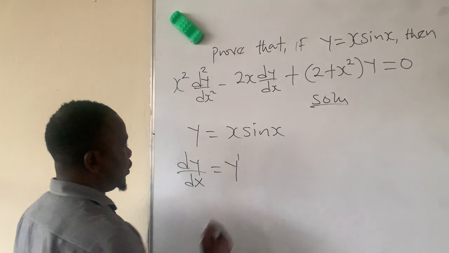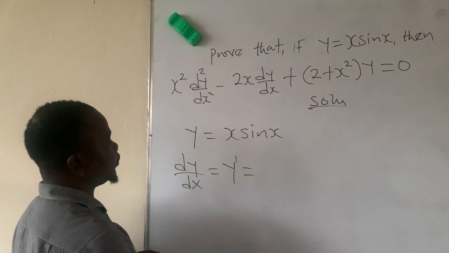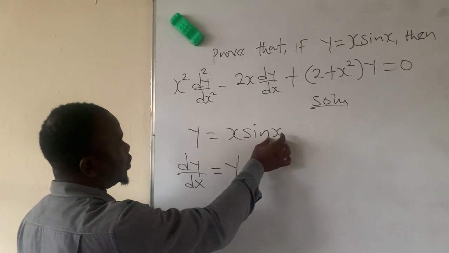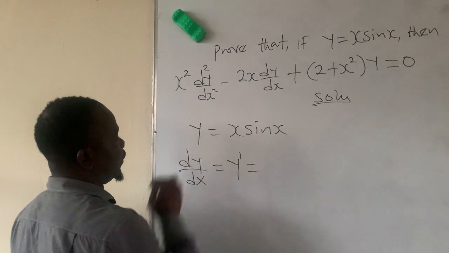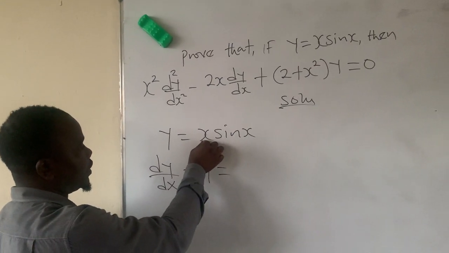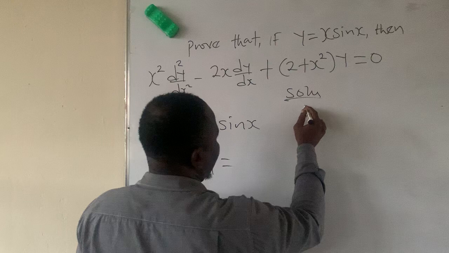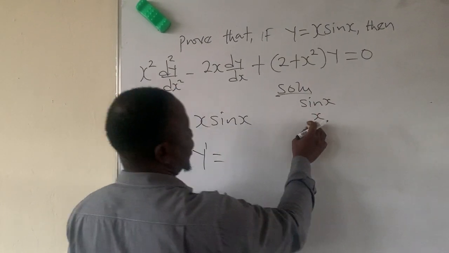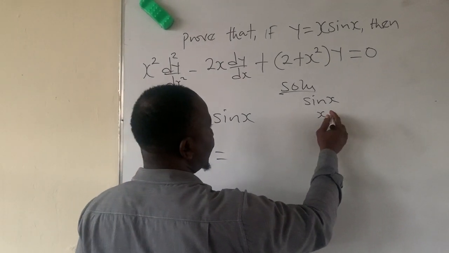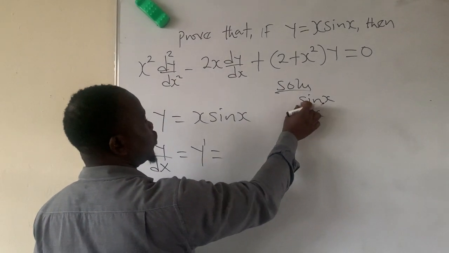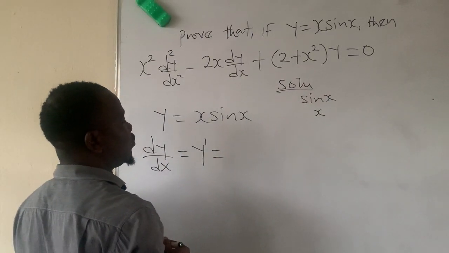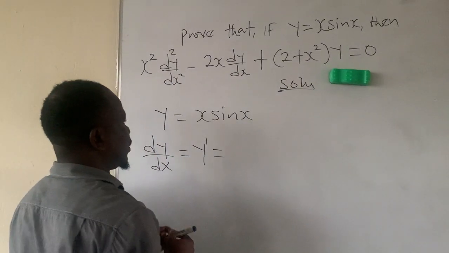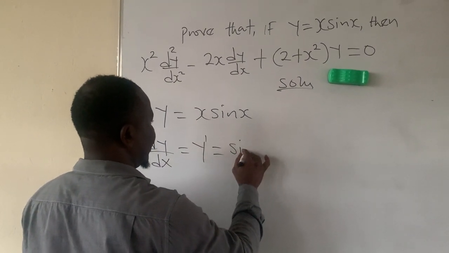This is equal to, we are going to hold sine x constant, then differentiate x. If we differentiate x, we have 1, then we use 1 to multiply sine x, and it will give us sine x.